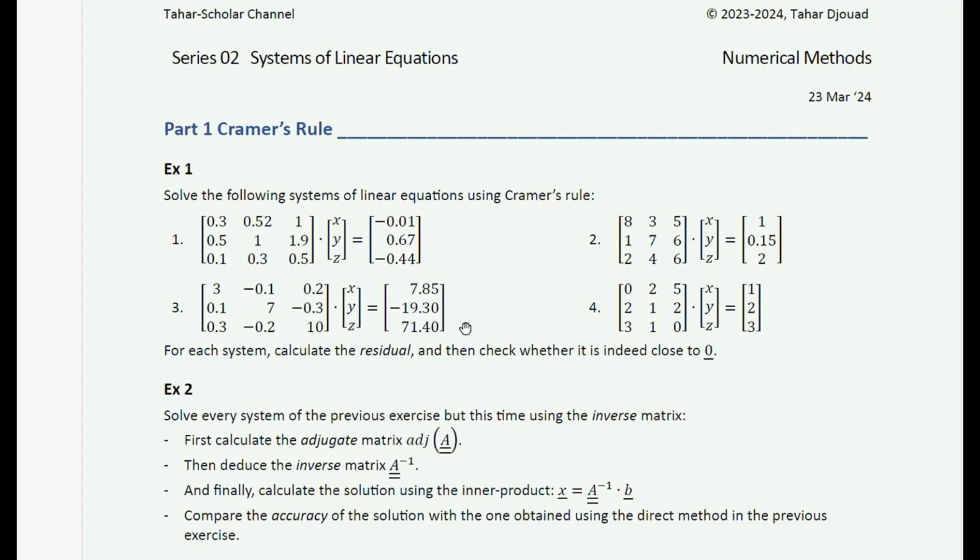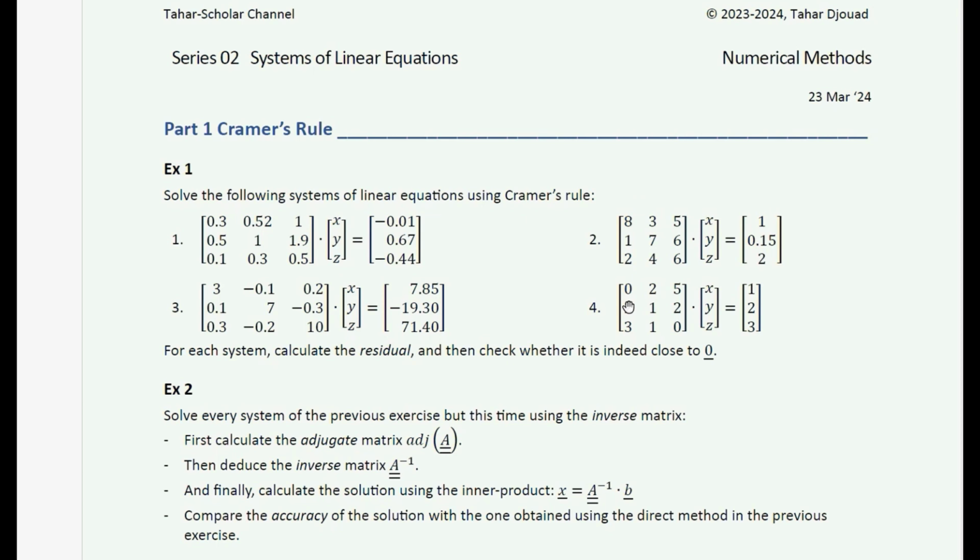We can also use it for 4 by 4 and 5 by 5, but above that, it is really impractical. And after solving the systems, for each system, calculate the residual and then check whether it is indeed close to 0. We will solve only the first system, and give the results for the other systems.